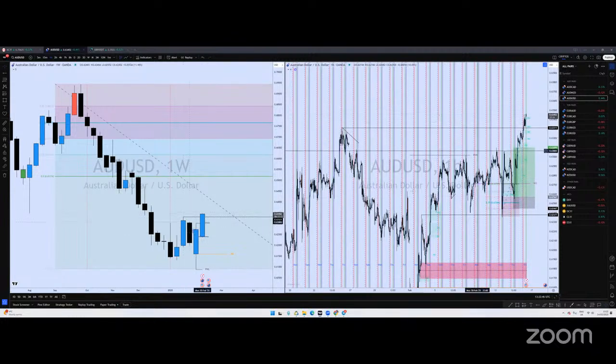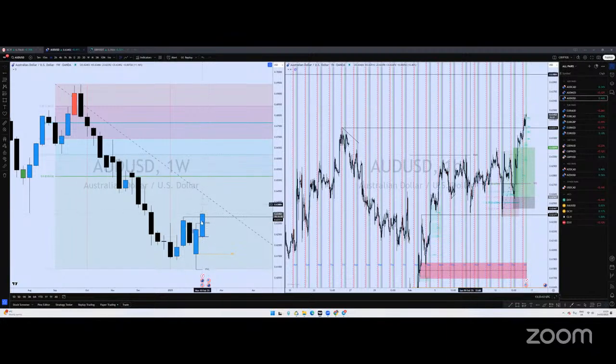Now, I like Aussie because I mentioned that they were able to go back and attack the quarterly low, the 3-month low. So we do have a quarterly shift in here on the Aussie. So going forward, there's a high probability that Aussie is gonna start screaming higher.